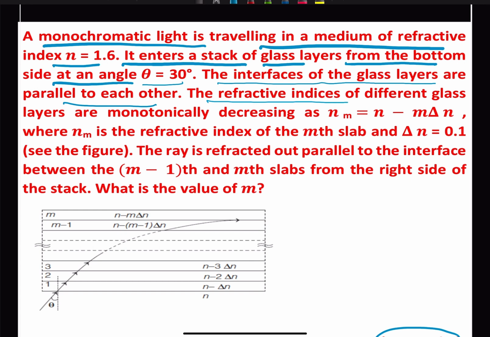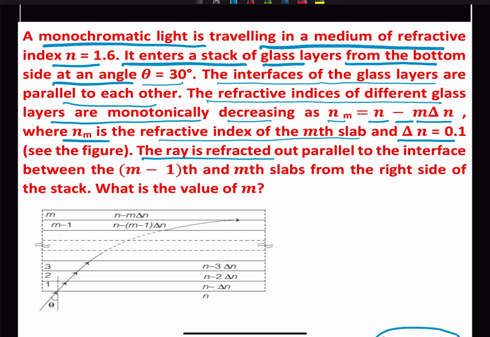The refractive indices of the different glass layers are monotonically decreasing as nm is equal to n minus m times delta n, where nm is the refractive index of the mth slab and delta n is 0.1. The ray is refracted out parallel to the interface between the m minus 1 and mth slabs from the right side of the stack. What is the value of m?